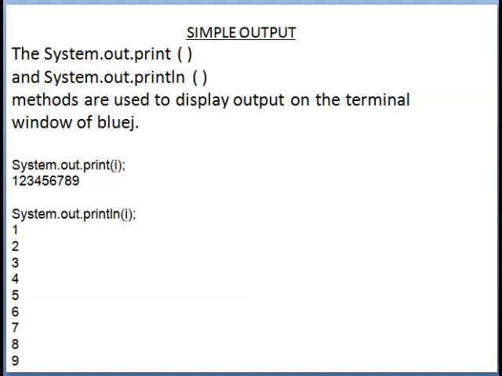If you want to see the output on the screen, we use these two statements, system.out.print and system.out.println. Both these statements display the result on the screen. There is a slight difference between system.out.print and system.out.println.